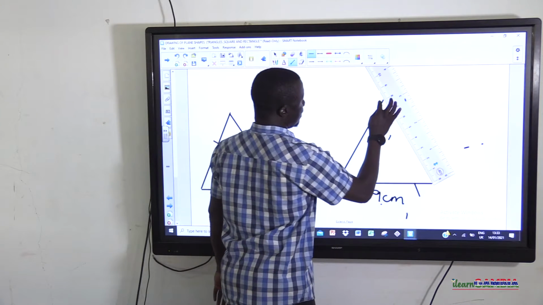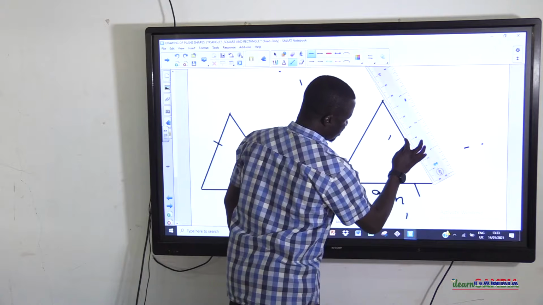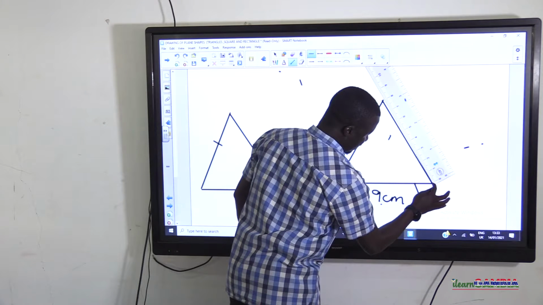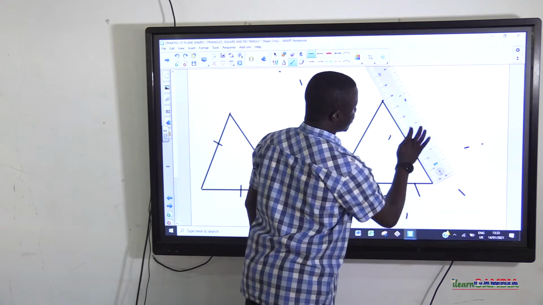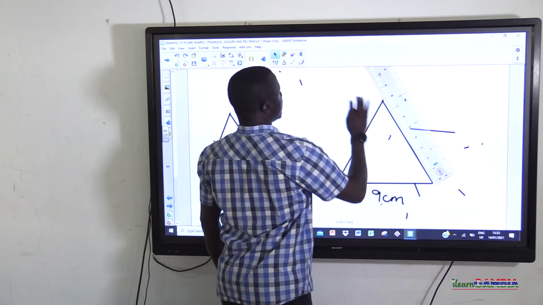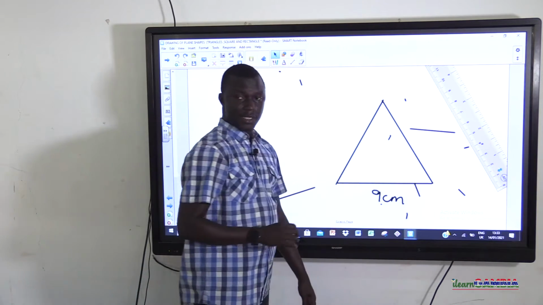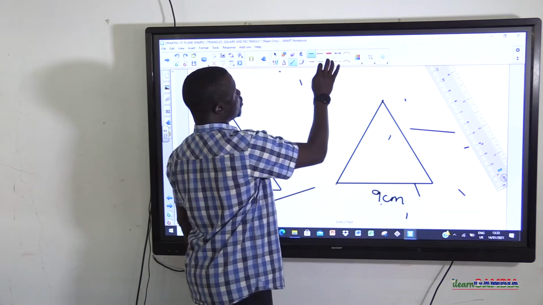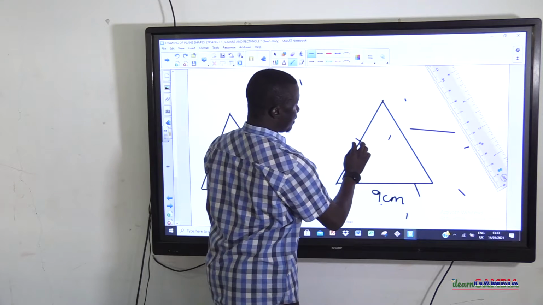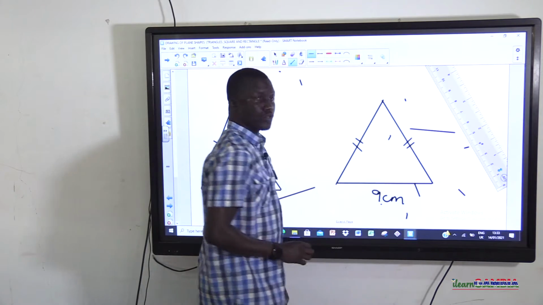So as you can see, both sides are 8 centimeters each, and these sides should also be marked identically, normally with a 2-stroke.